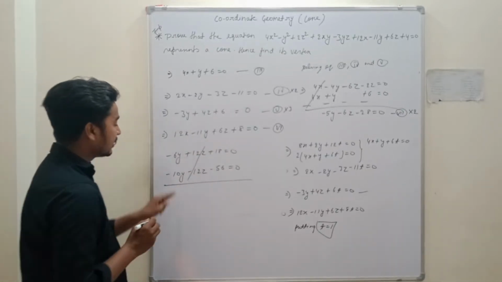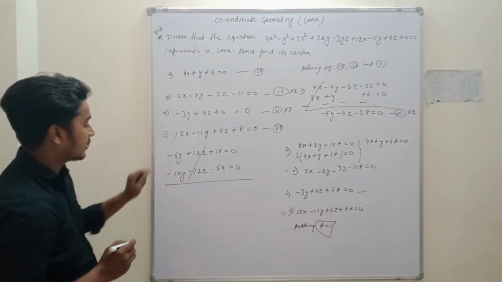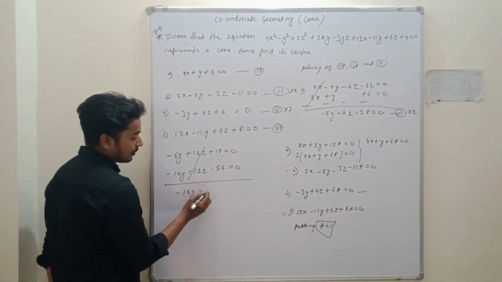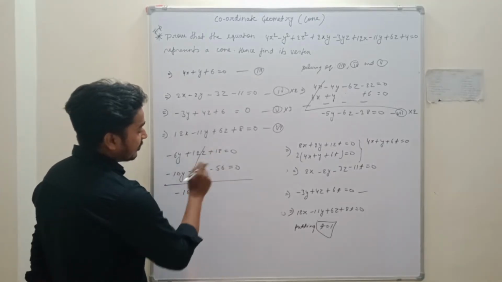Remaining is here minus 6y and minus 10y. We get here minus 16y is equal to 18 minus 56.